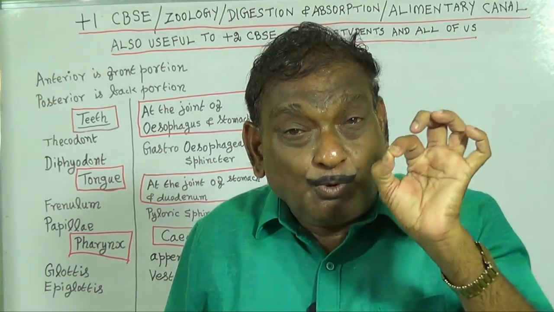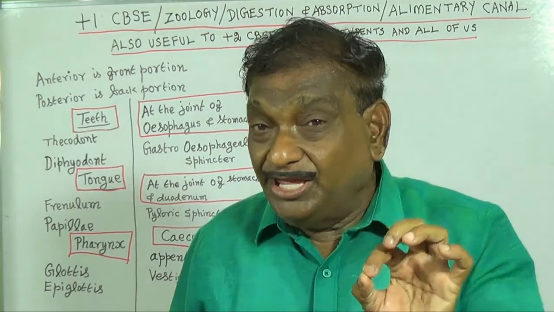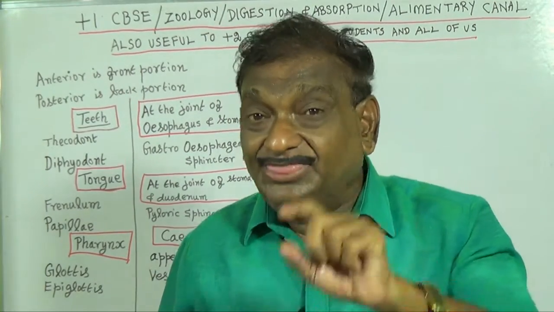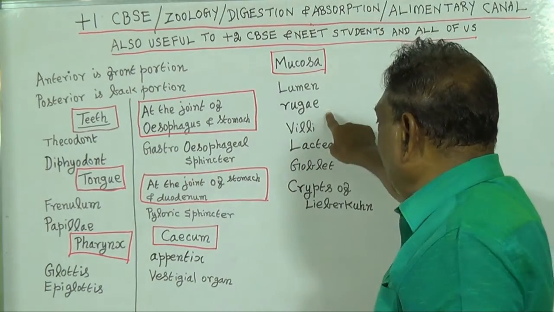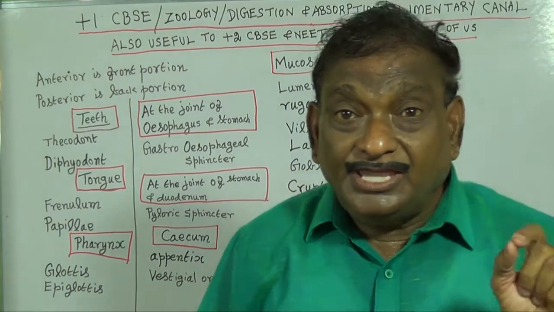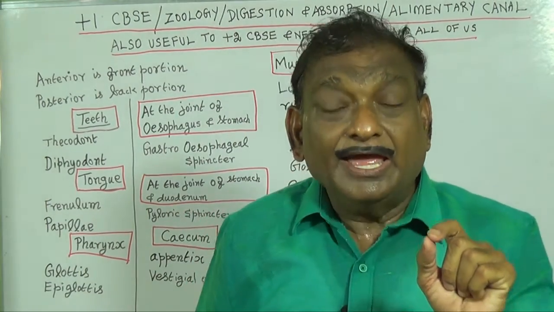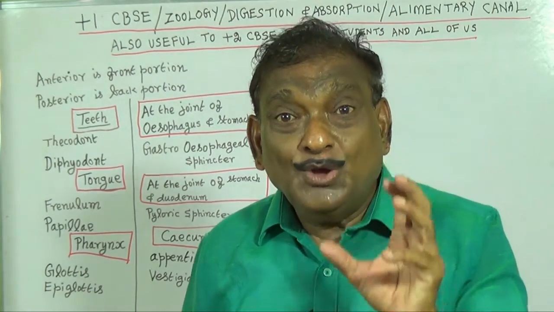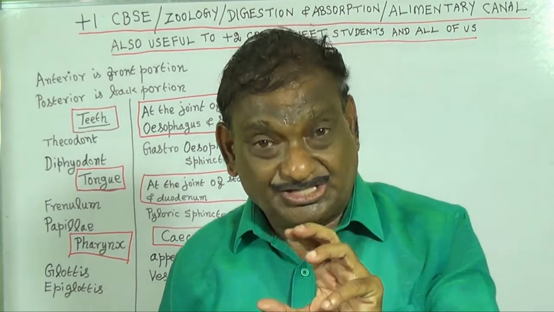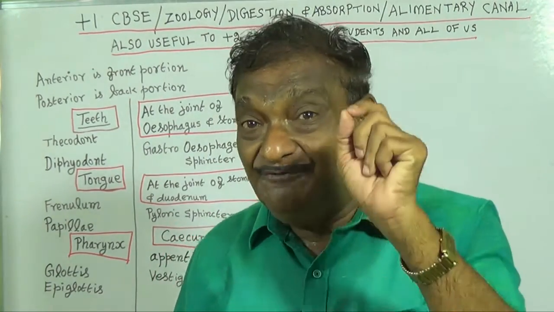In the stomach portion of this mucosa, there are irregular foldings. That irregular foldings are called as rugae. And in the small intestine portion of the mucosa, there are small finger-like foldings. That small finger-like foldings are called as villi.